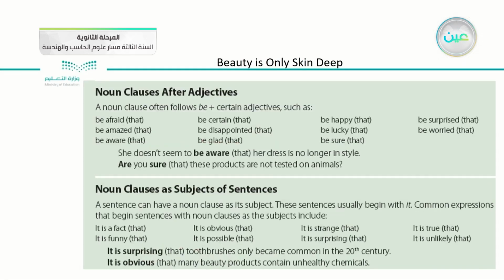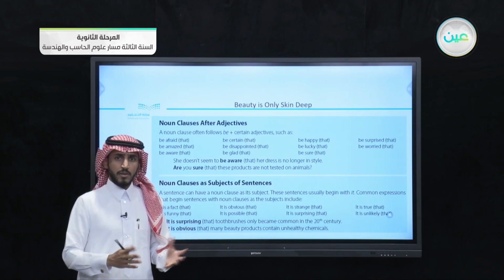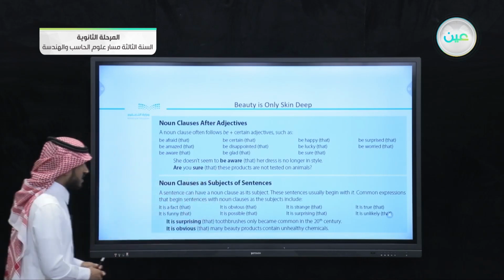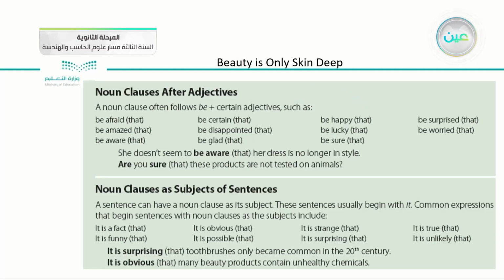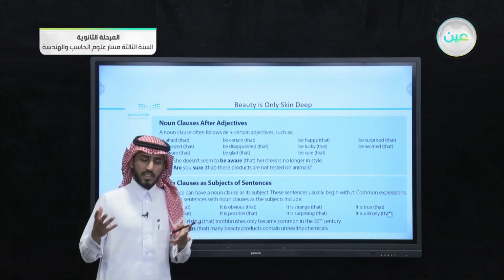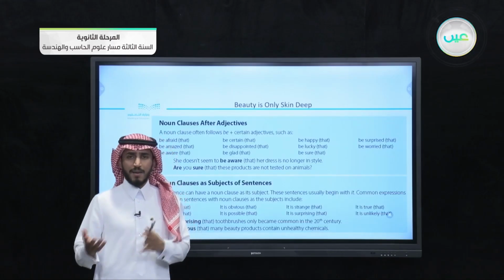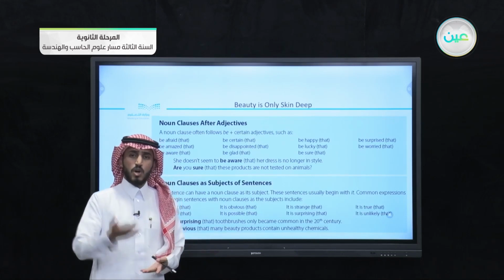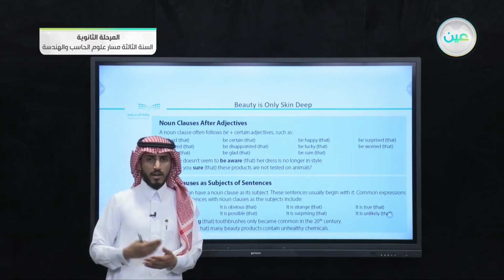Then after that, we moved to the second part, where we talked about noun clauses after adjectives. We have lists of adjectives like afraid, be amazed, be aware, be certain, and so on. We said that the adjective follows the verb be, and the verb be, as we all know, is am, is, are in the present, and was or were for the past.